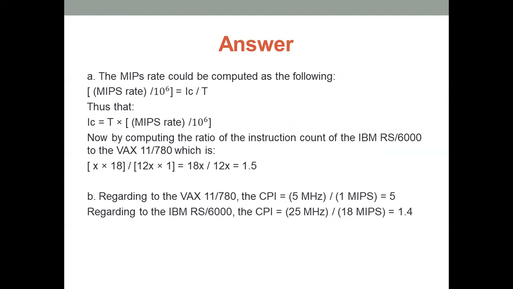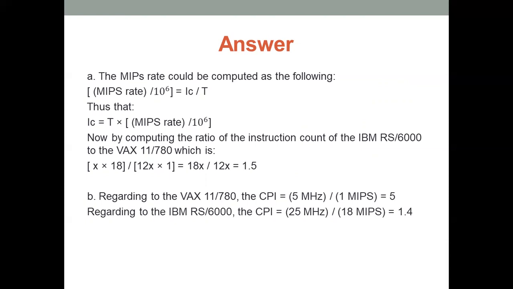Now by computing the ratio of the instruction count of the IBM RS/6000 to the VAX 11/780, which is x multiplied by 18 divided by 12x multiplied by 1, equals 18x divided by 12x. So we got 1.5 for the value.